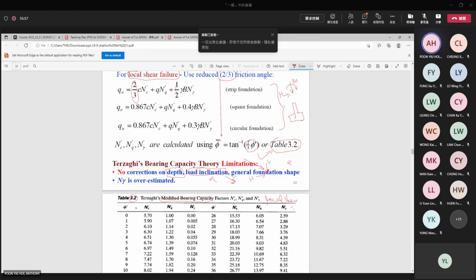Okay, and there's no consideration for shape. For example, if the foundation is rectangular, there's no such consideration in Terzaghi's original formula, because the formula so far has just handled strip foundation, square foundation, and circular foundation. But it doesn't say what happens if the foundation is rectangular. So there's no consideration.